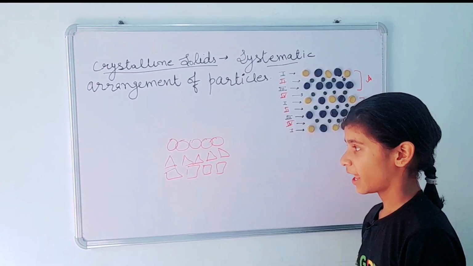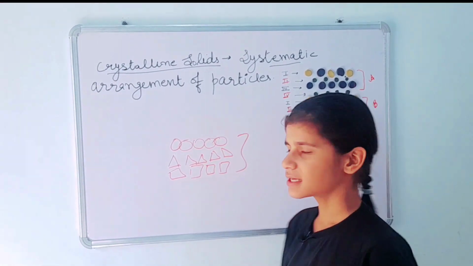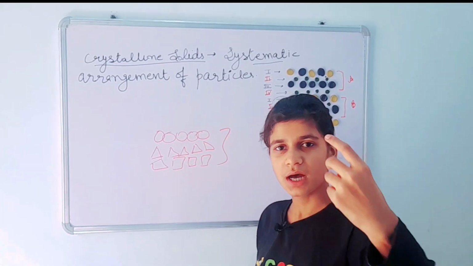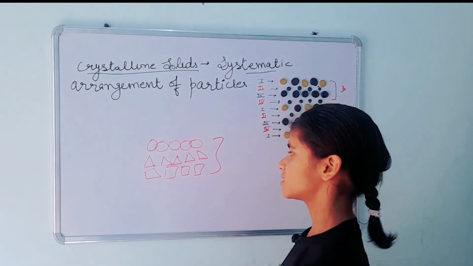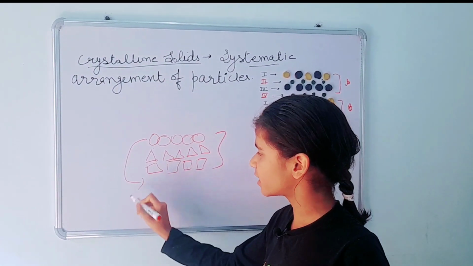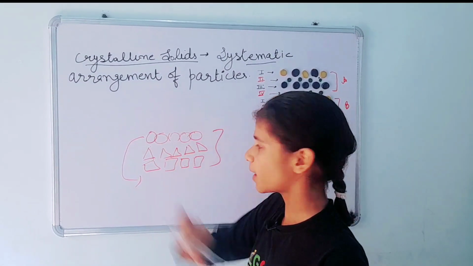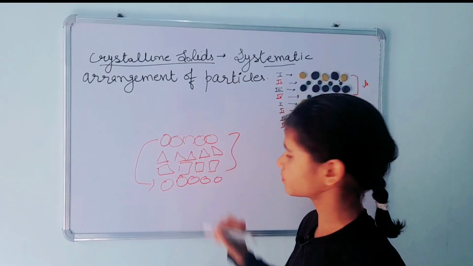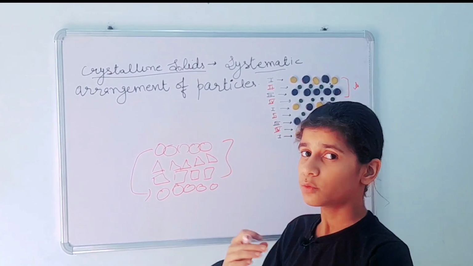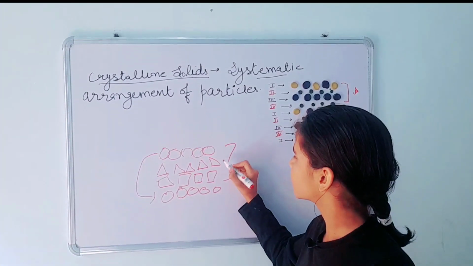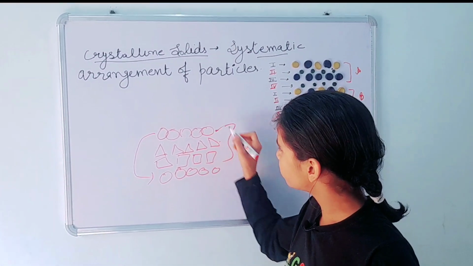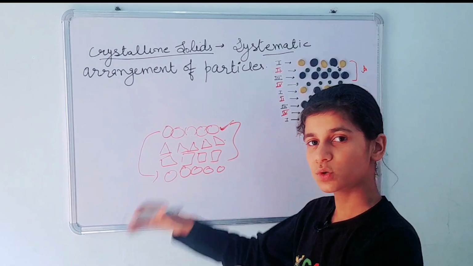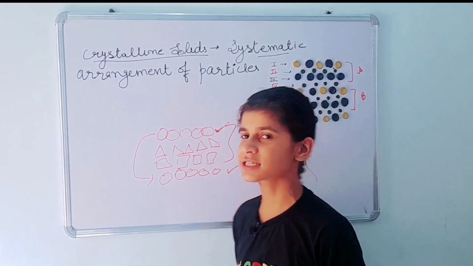So this is a set of three rows. Now in the next row these particles will occur like this. We cannot arrange it randomly; the first row particles will occur again after the last row.